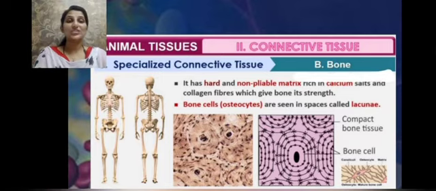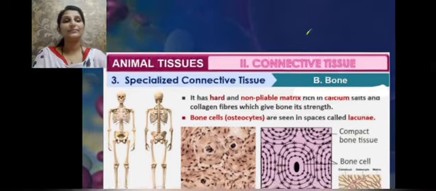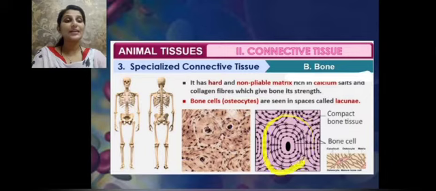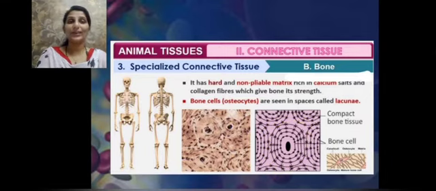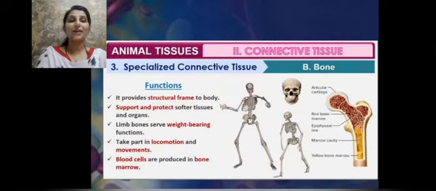And the bone cells are called osteocytes, and these osteocytes are embedded inside the hard matrix, inside spaces called lacunae. So lacunae are spaces inside which the osteocytes or the bone cells are enclosed, and they are embedded in the hard matrix.